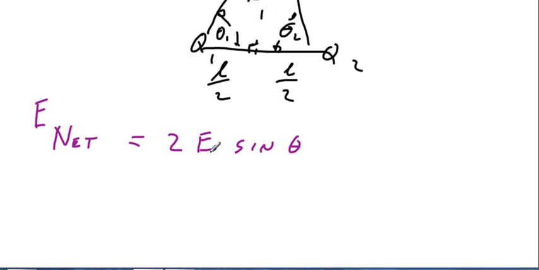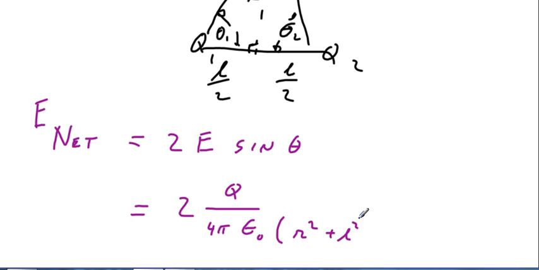E sine theta would be the field at any particular point, and because there's two of them, it would be 2E sine theta. So that's going to be 2Q over 4 pi epsilon naught, times (r squared plus L squared), times R divided by (r squared plus L squared) to the 1/2.